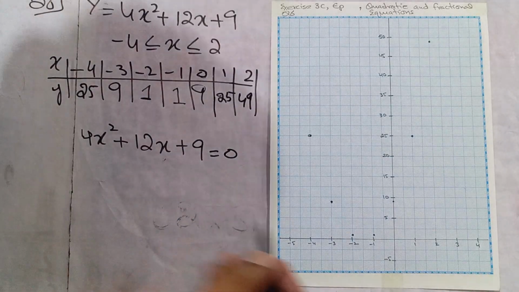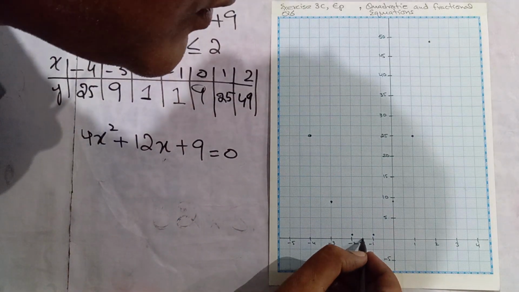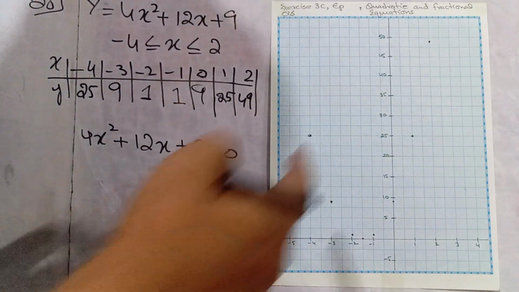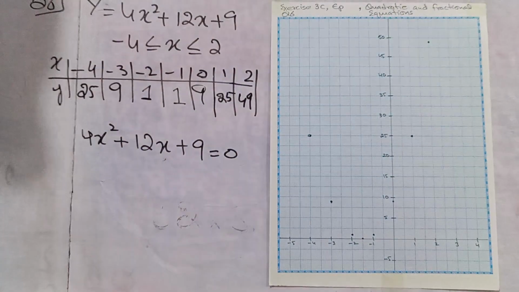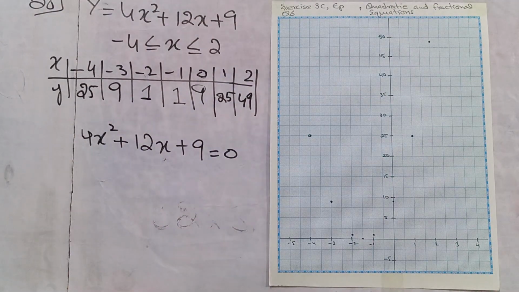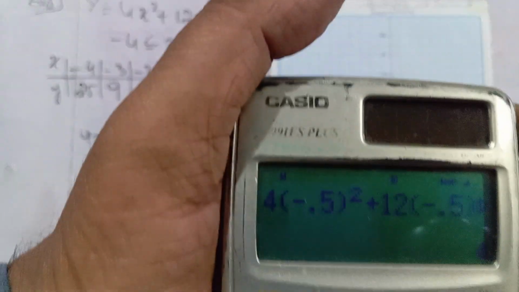So at this point this is 0. From here the graph will turn, I think, and then I can take a point at minus 0.5.